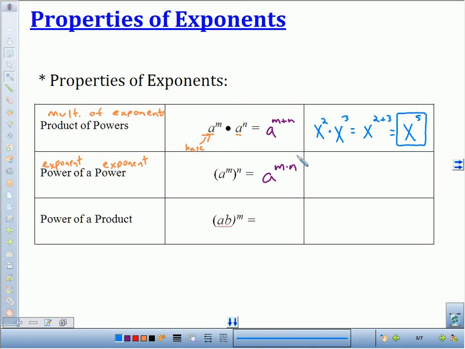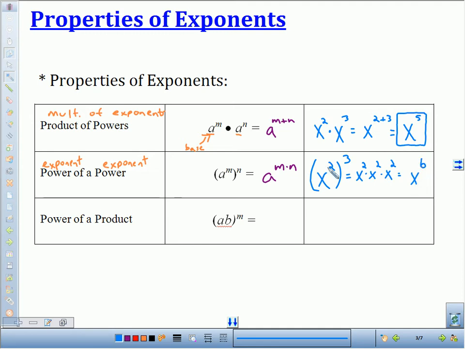An example, for instance, might be if I had x squared and I raised x squared to the 3rd power. Keep in mind that would be x squared times x squared times x squared, because it would be 3 x squares multiplied together. And of course, using the product of powers, I could say this is 2 plus 2 plus 2, which is x to the 6th.